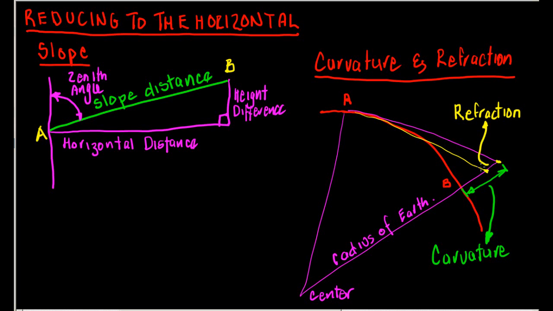But also factored into that is the refraction correction as well, because when we observe our vertical angles, there's a tendency for the light to be curved down towards the earth, and this is the refraction correction here, which I have shown.